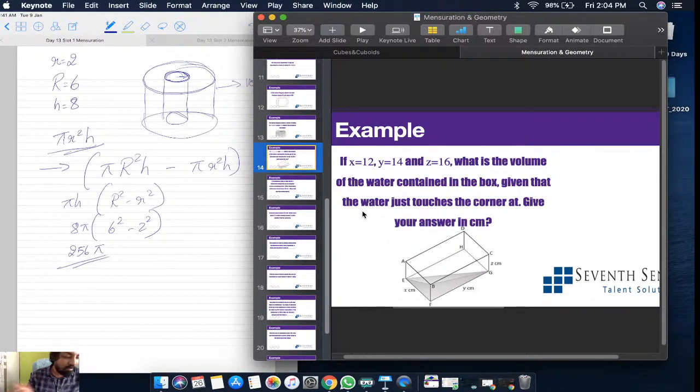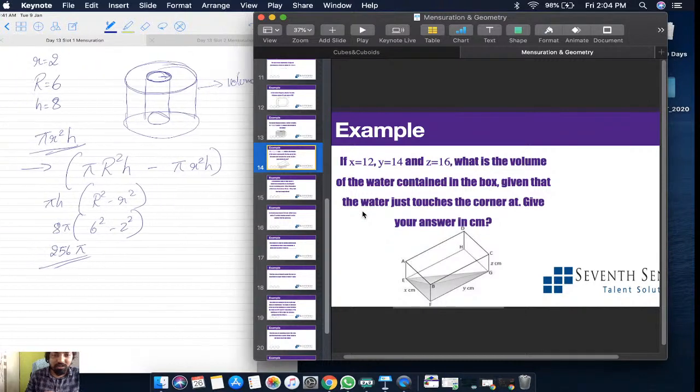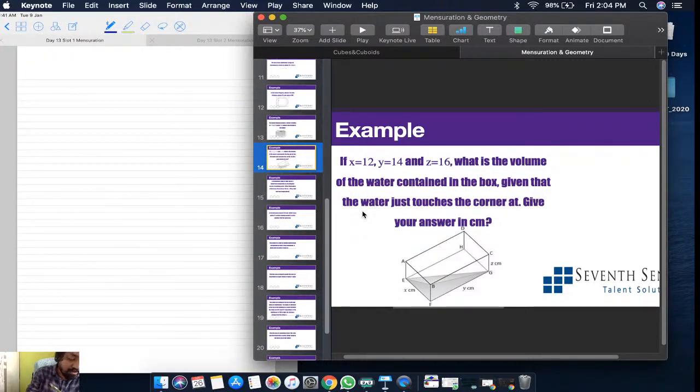Moving on to the next question. Now this question looks tricky, but I have already dealt with the concept. Tell me, how does that water in that container look geometrically? Not mathematically, geometrically.